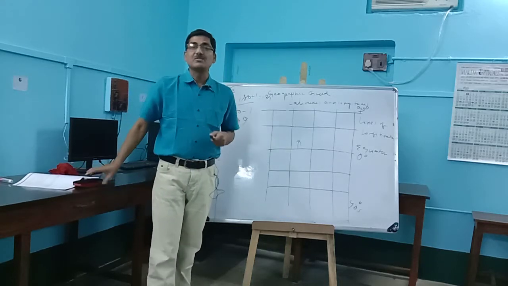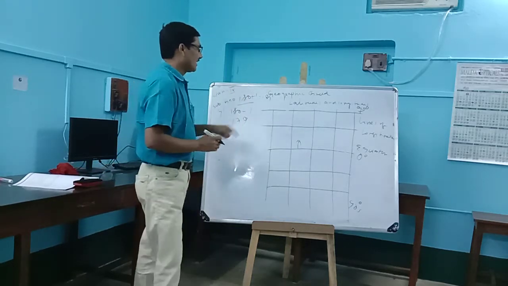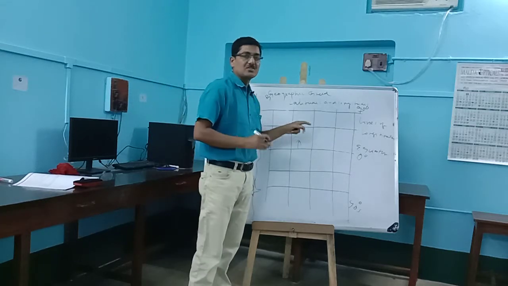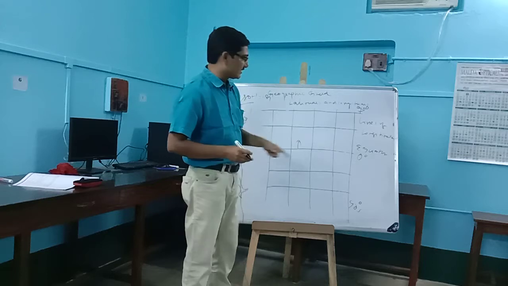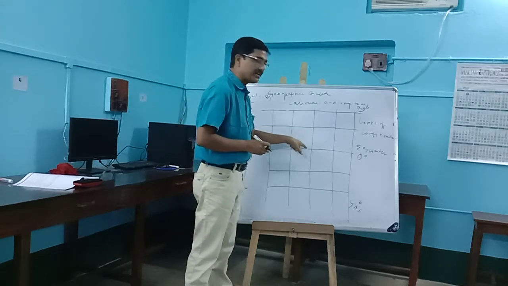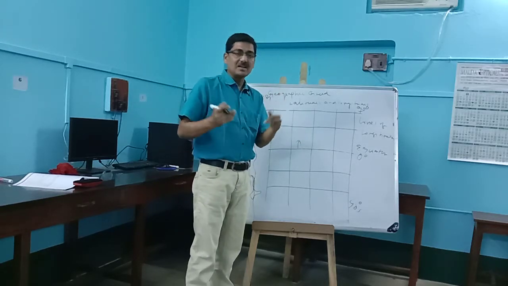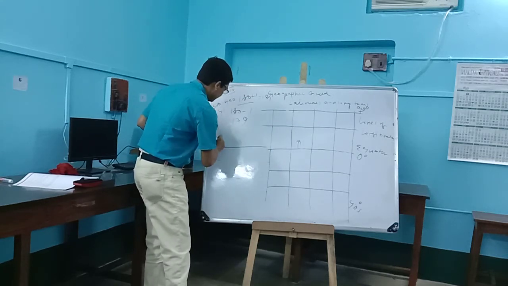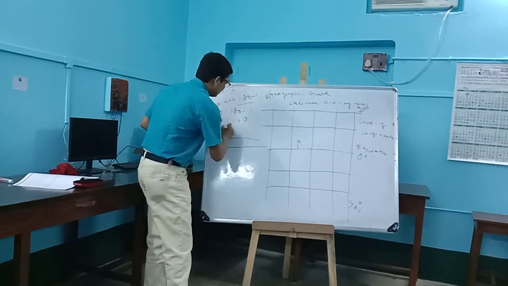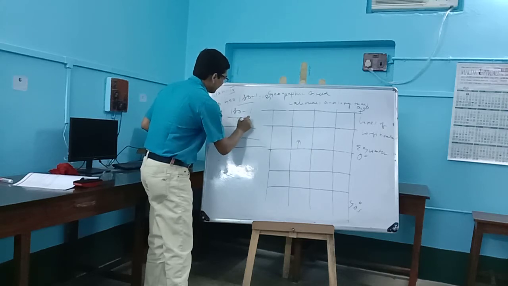The lines of latitude are also known as the lines of parallel, since they are parallel to the equator. All are parallel to each other. If this is the equator, then this is a parallel line, this is another parallel line, this is another parallel line, and so on.